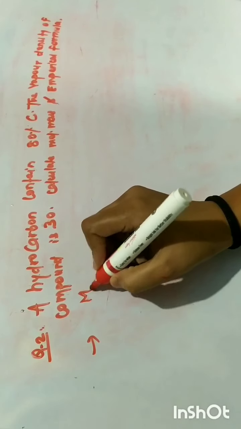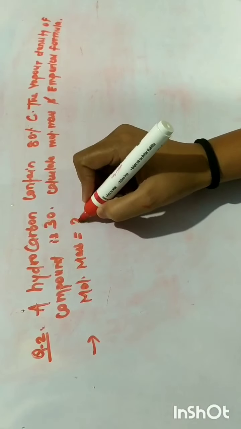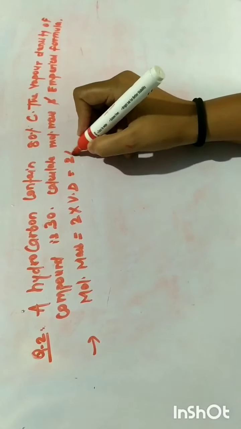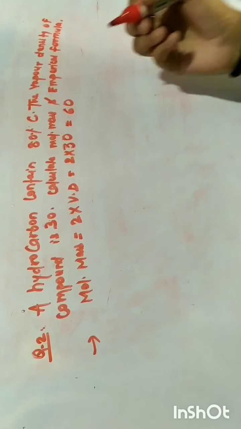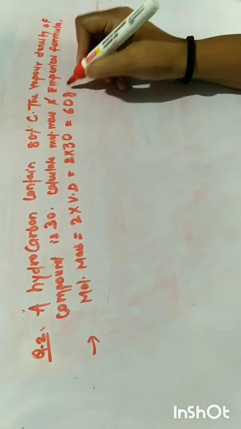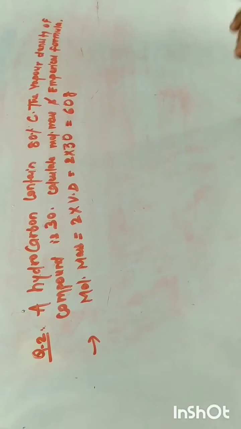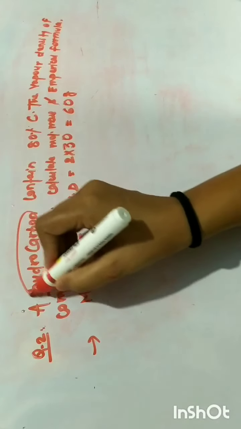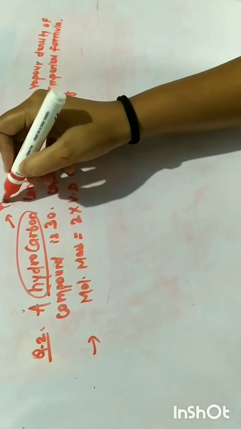So we know that the molecular mass of any gas is equal to 2 into vapor density. Here vapor density is 30, so the molecular mass will be 60 gram. Now, for the empirical formula, we know the 3-step rule. The first step is percentage by weight.